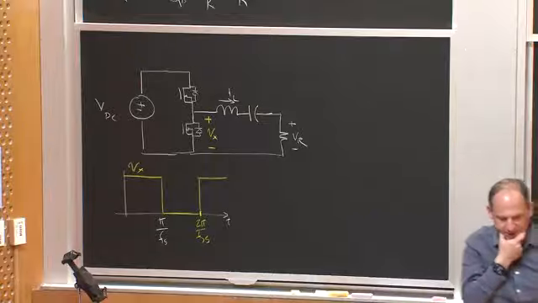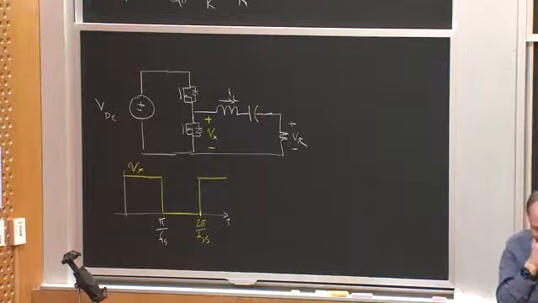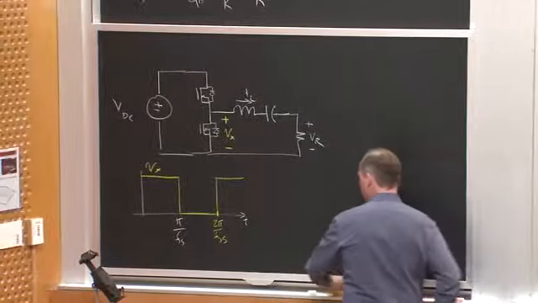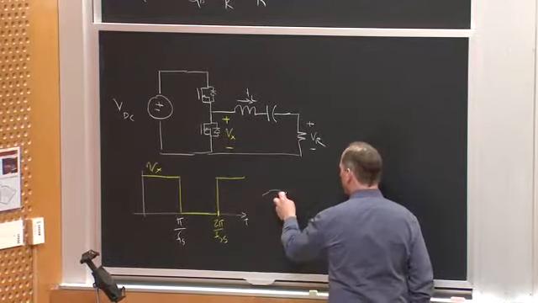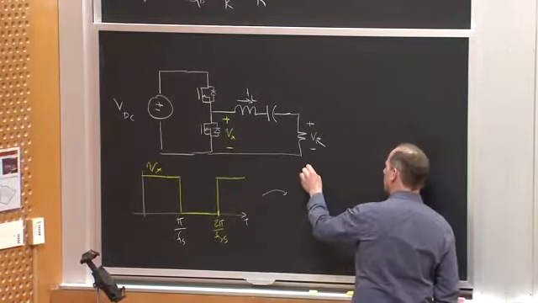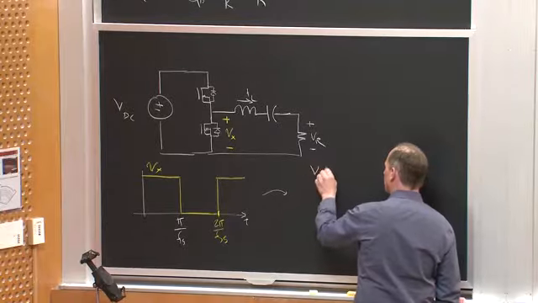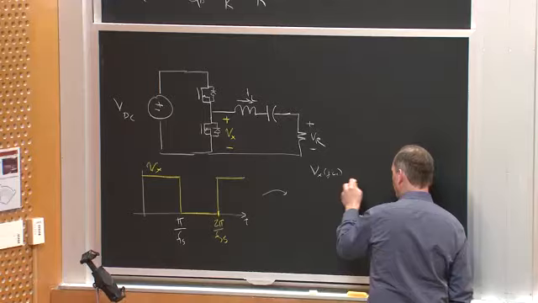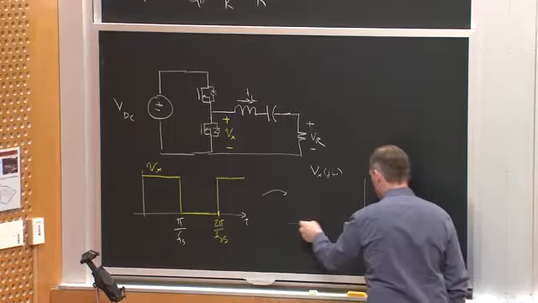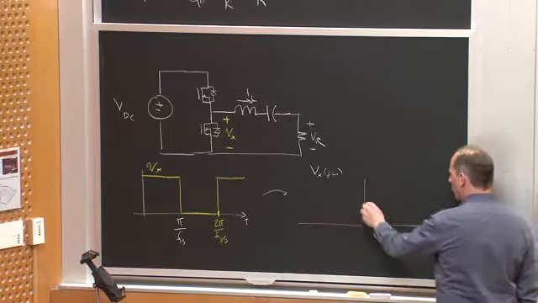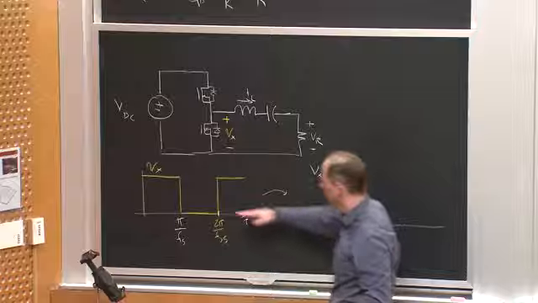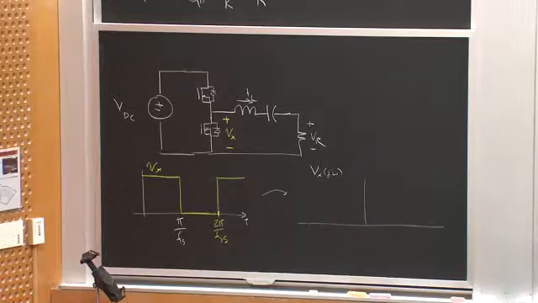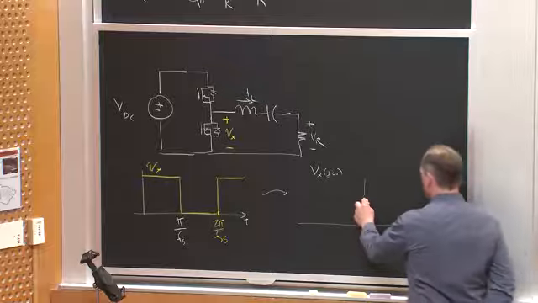So if I thought about this, maybe I would say, well, what does Vx look like in frequency? In the frequency domain, I could think of Vx of j omega, okay, which would look like what? Well, I would have a DC term, right, which is basically related to the average value of the waveform, okay?